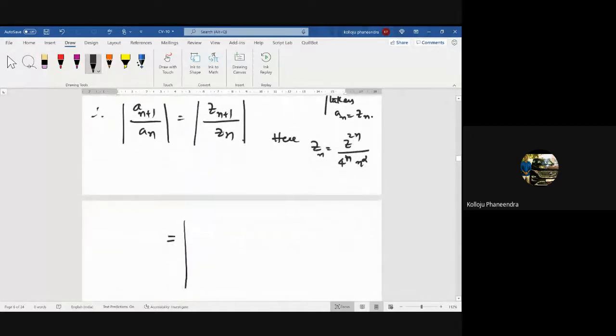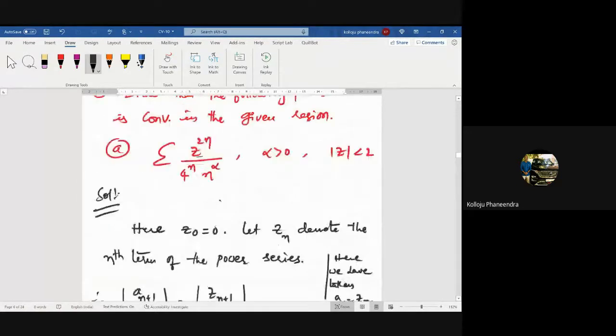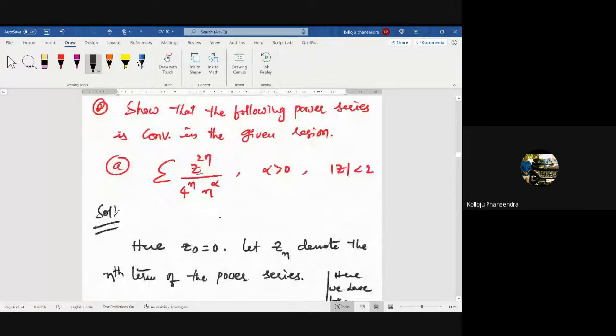And why I have taken this entire thing as the nth term? If there is any ambiguity, I will clear that. The question is: show that the following power series is convergent in the given region. That means I have to show this power series is convergent in this region mod z less than 2.